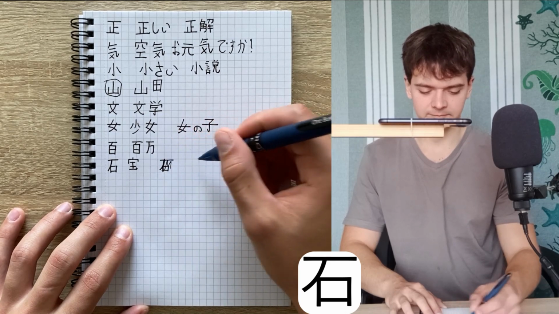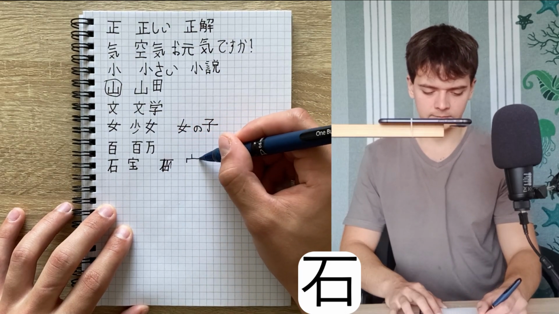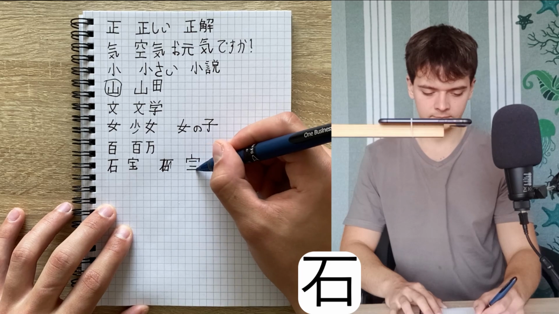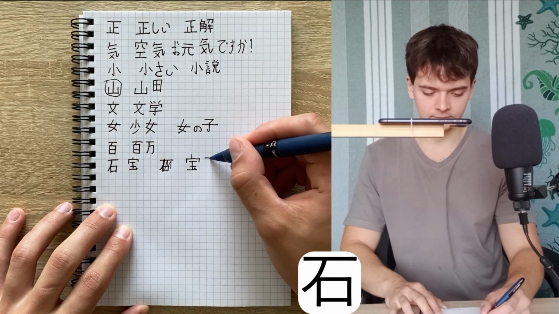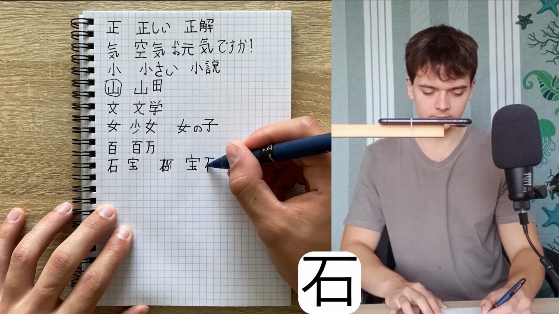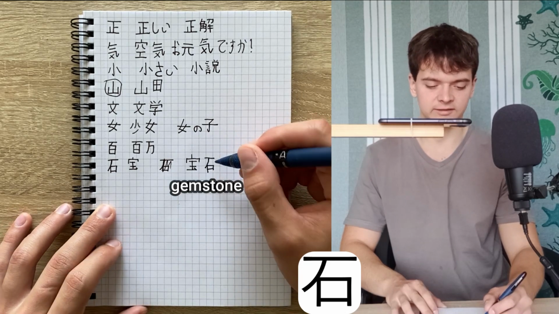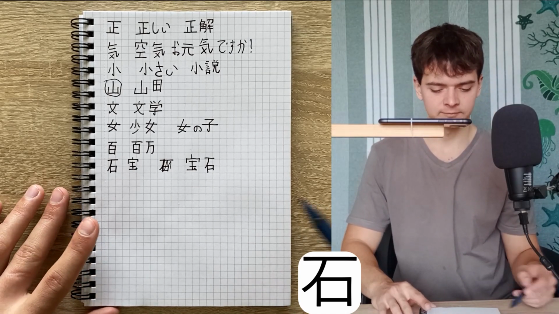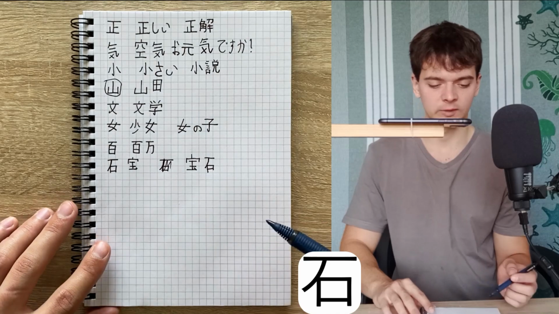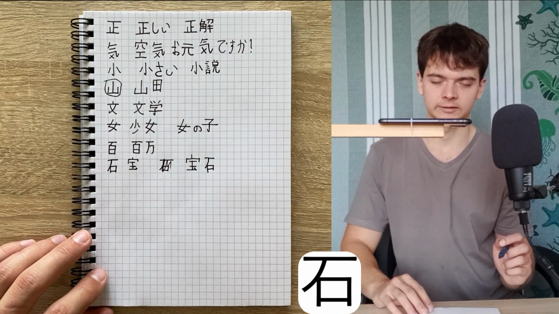What am I doing? Sorry. Oh, here this line. Seki. Hoseki. The Japanese author Natsume Soseki has this kanji in his name as well, in the seki part.